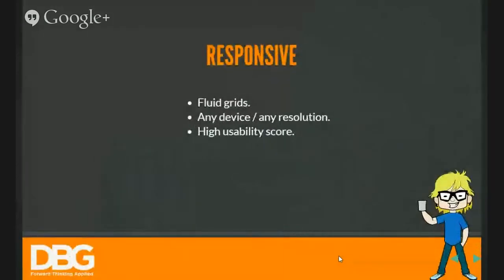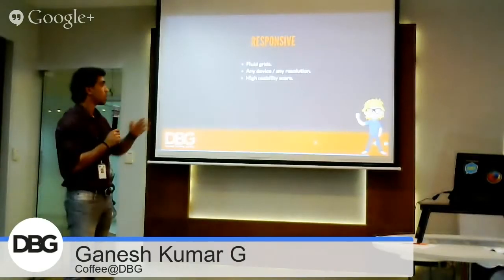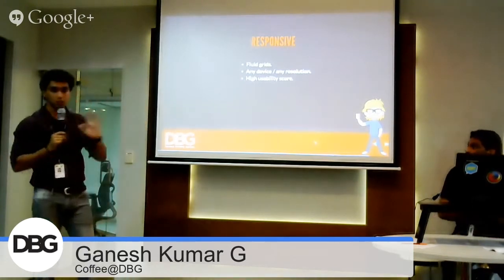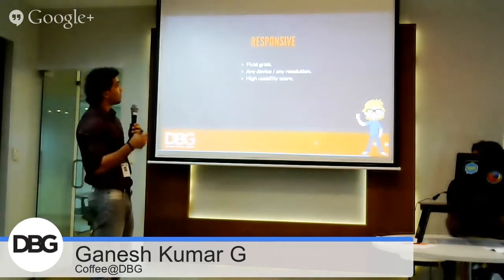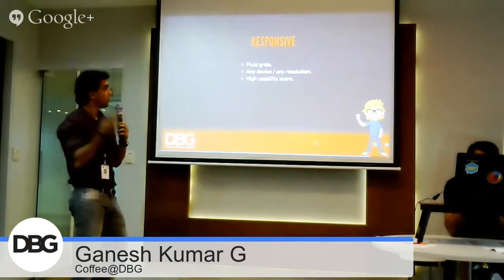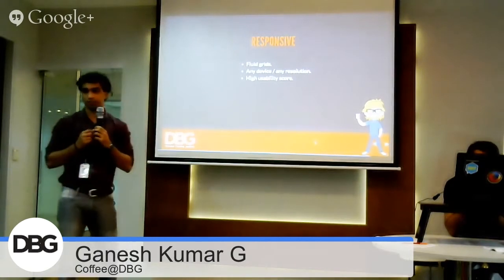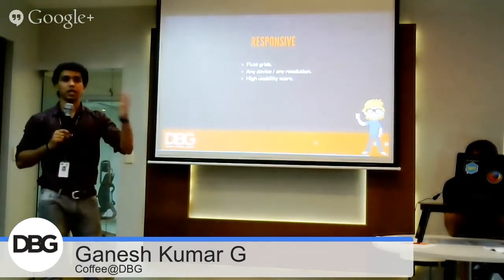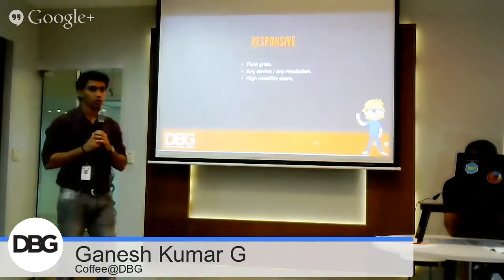Next, responsive layouts. Responsive layout uses fluid grids only. That's the main difference between responsive and adaptive. Responsive design will look fine on any device and any resolution, because its content can break or realign if needed.